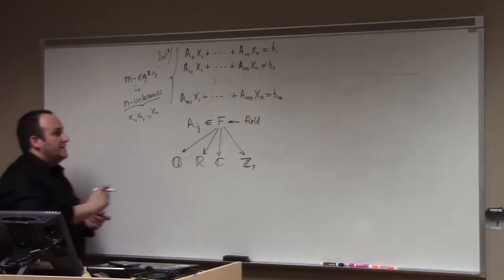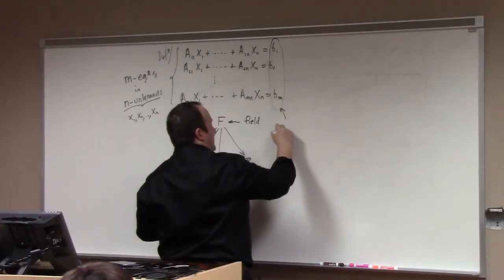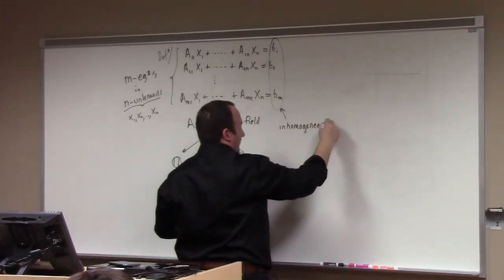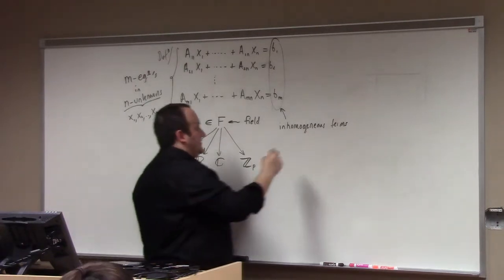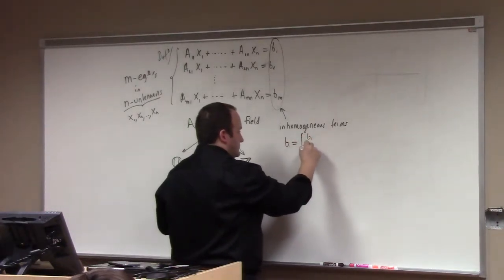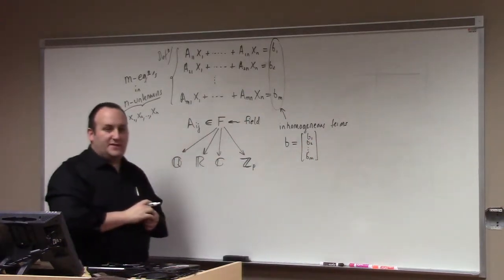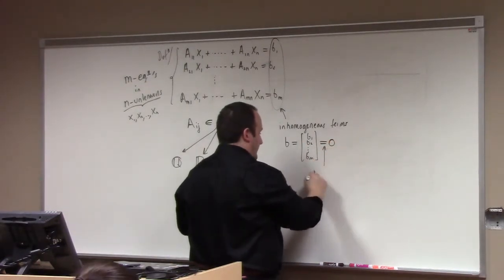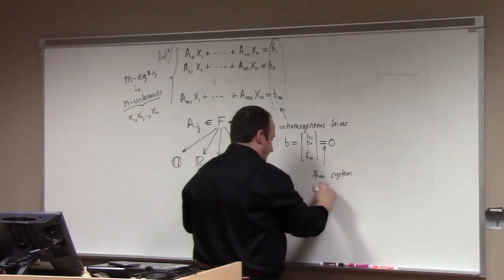The b's, these guys right here, are the inhomogeneous terms. You can group them together as a vector. And if that vector is equal to 0, then the system is said to be what? Fill in the blank.